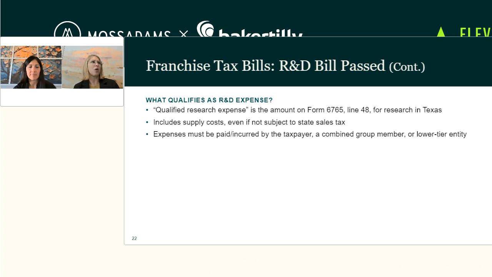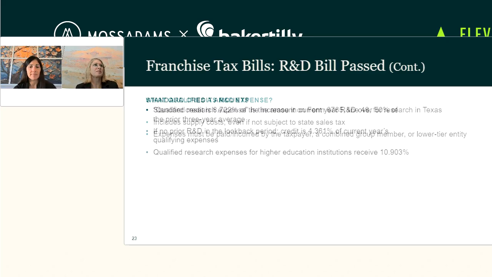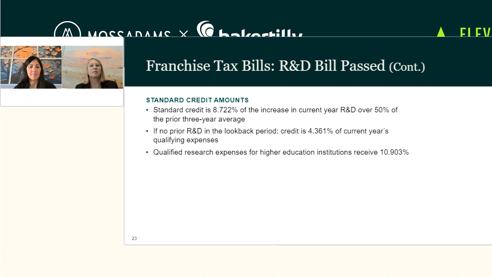The items that qualify are going to be lined up as well. It's going to be a lot easier if you've undergone an R&D review for federal purposes. You can somewhat just leverage that and apply it for Texas. There's also an increase in the percentage of the credit. There is a look back period as well.